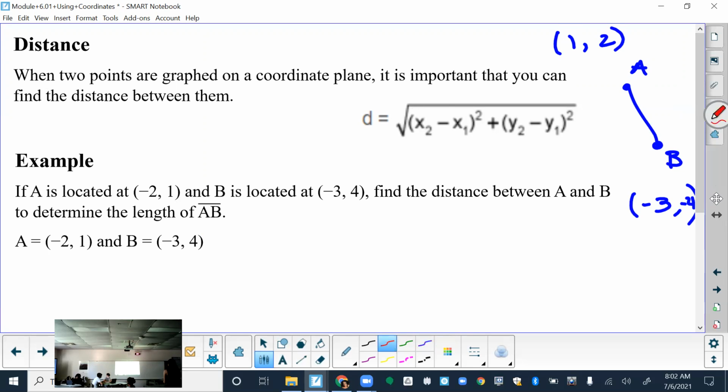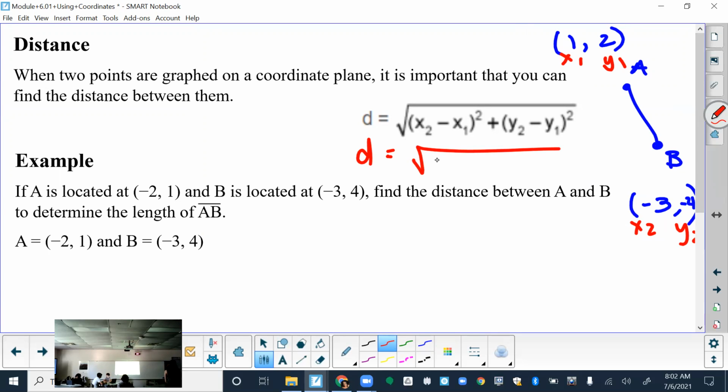So just like we did for slope, make one of them x1, y1, the other one x2, y2, and just fill in the blanks. All right, so if I was doing these two as my examples, not this example, then I would just plug it in here.